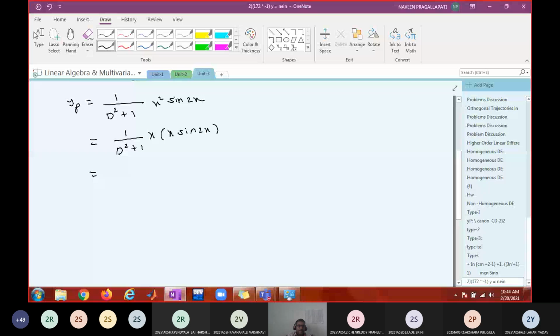That means x into 1 by d square plus 1 of x sin 2x minus d square plus 1 derivative is 2d by d square plus 1 whole square of x sin 2x. That's it. Like this only you can do. Then to each term you apply the x into v formula, then apply numerator and get the answer. Is that okay?